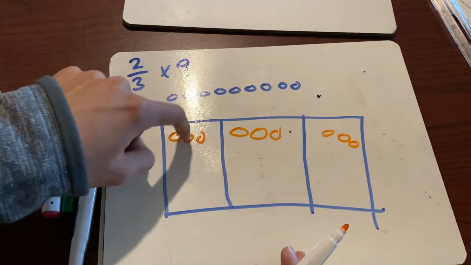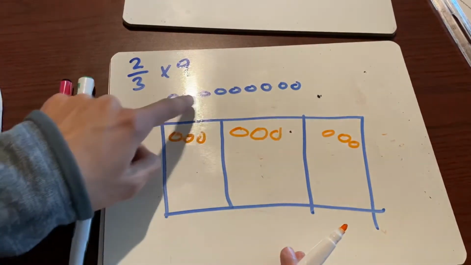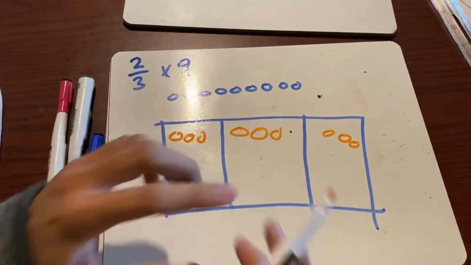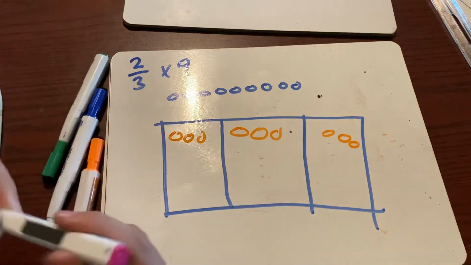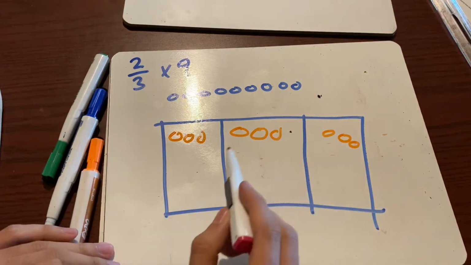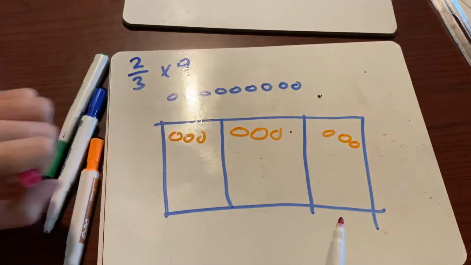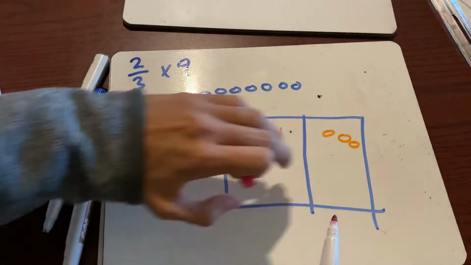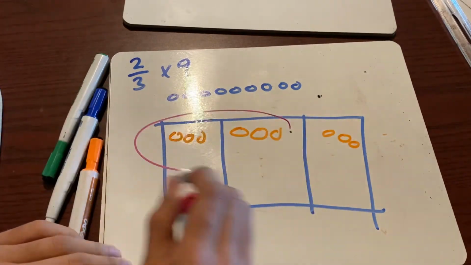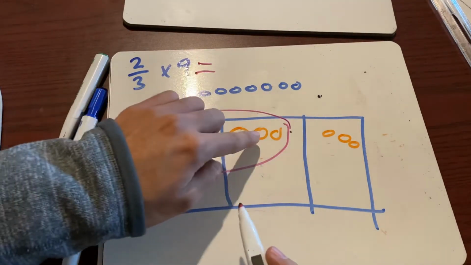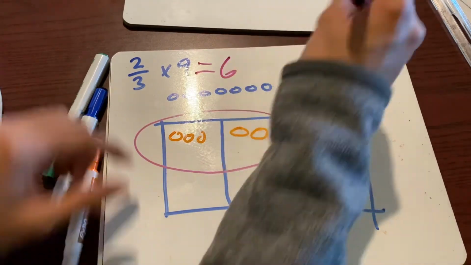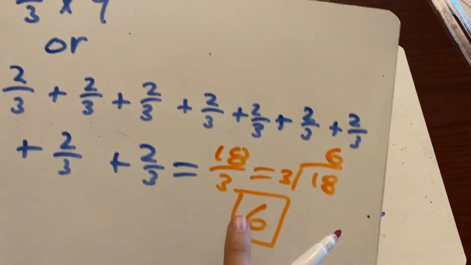I have 1, 2, 3, 4, 5, 6, 7, 8, 9. 9 circles here. It works out great. Your friend grabbed just 2, grabbed 2/3, so they didn't grab all 3, they didn't grab 1, they grabbed 2. They grabbed this many. So that means that they grabbed 1, 2, 3, 4, 5, 6. Same answer here.